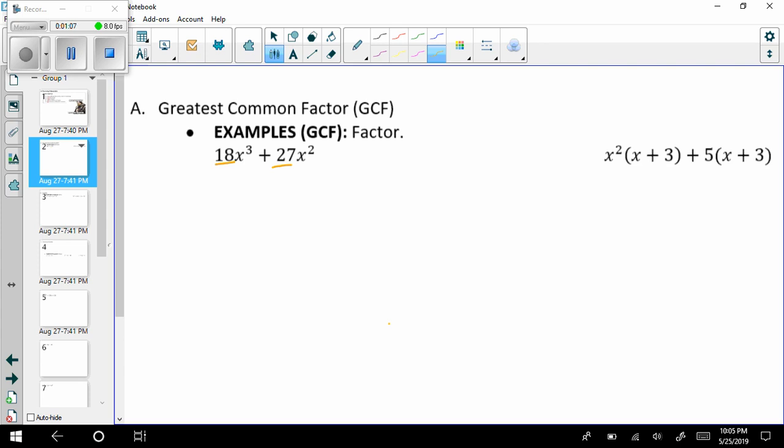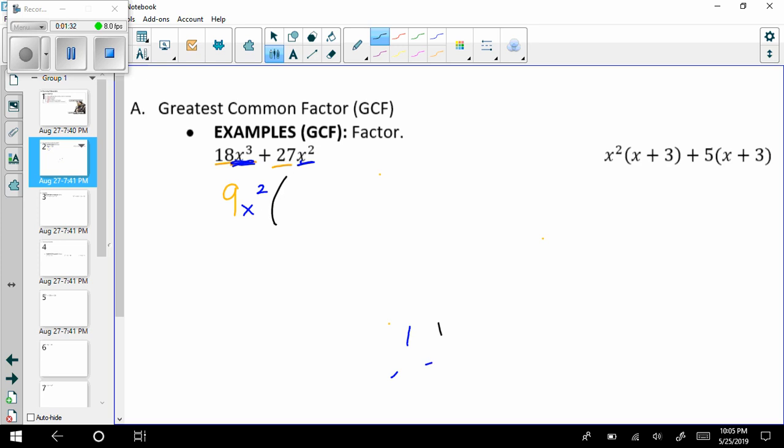What is the biggest number that will go into both 18 and 27? It should be a 9. And then I look at the x's. What's the biggest thing I can take out of both the x cubed and the x squared? Well, an x squared. So the greatest common factor is 9x squared because that's the largest thing I can take out of both of these terms.